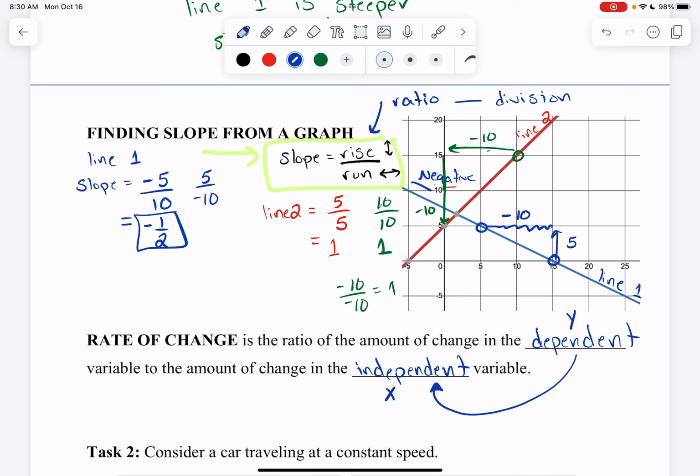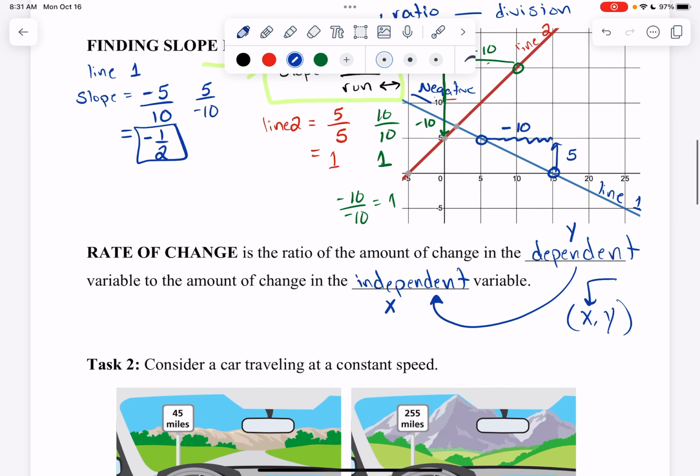He doesn't depend on anybody. He is independent. I can put in whatever I want for the x. Then what I get for my y depends on the equation. Hence my y is my dependent. It depends on the x. That's why we do our ordered pairs x then y. I need to do my x first, figure out what that is, because that determines what my y is going to be.